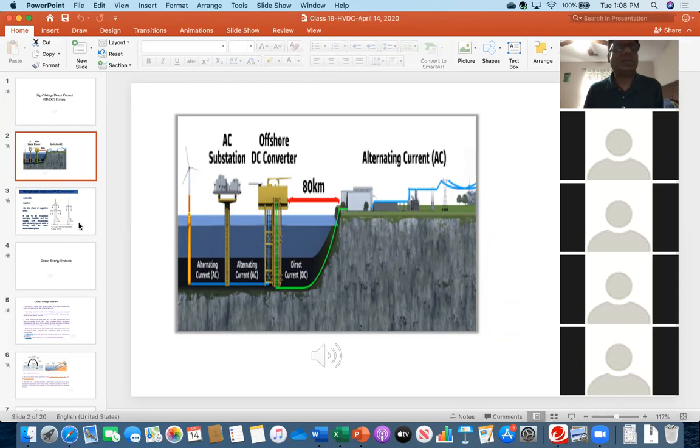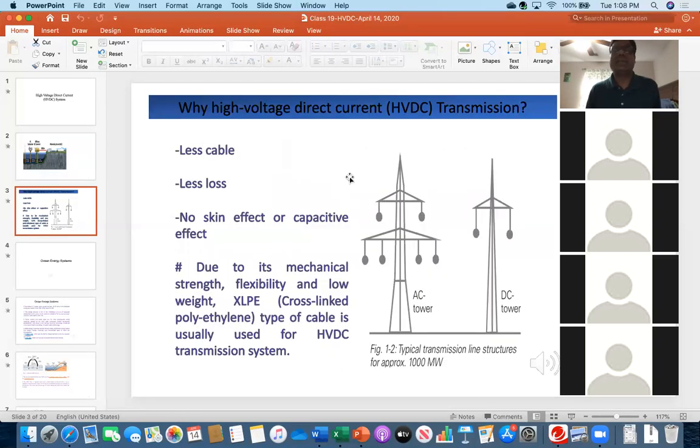Okay, so moving forward, as I said, our concentration is the HVDC portion or the DC portion. Everybody see this slide. You see on the left side, this is the AC tower, and on the AC tower this is one three-phase system and this is another three-phase system. On the right side, this is the DC tower.